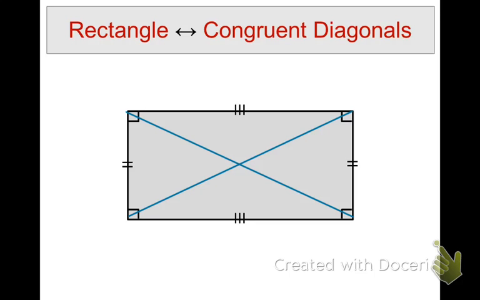Notice that a rectangle doesn't have perpendicular diagonals, right? If you look at these diagonals, does that look like a right angle to you? No. So remember that that perpendicular thing is unique to the rhombus only. Here, I couldn't do any right triangle stuff, right? What I do know here, though, is that I have diagonals that are exactly the same length.